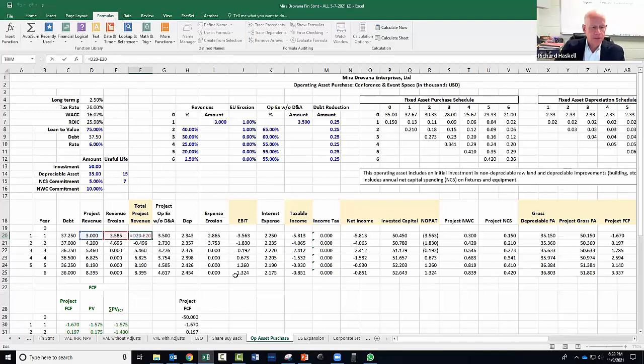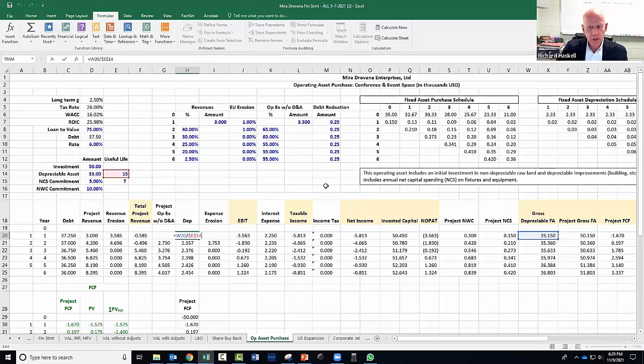Well, so the total project revenue will be the revenue that we project for the project minus the expense erosion. So we're going to have to assign to this project and have it make up for that expense erosion, which is a function of putting it into place. So what's the project Opex without depreciation? Well, it's exactly what we said here in our assumptions panel. Where do we get the depreciation?